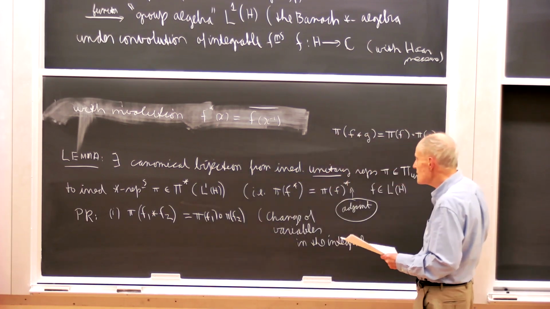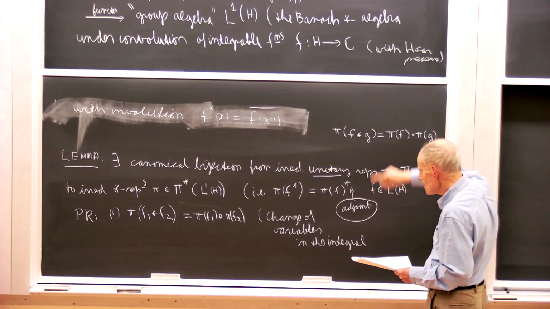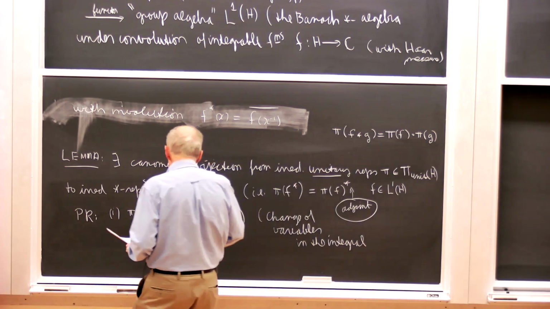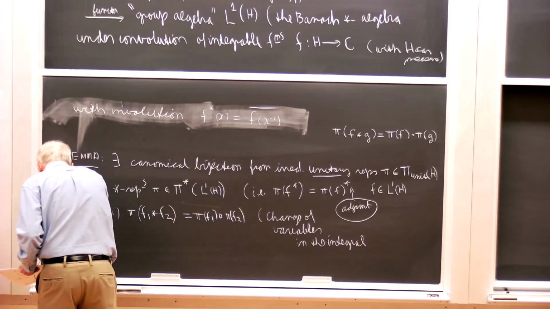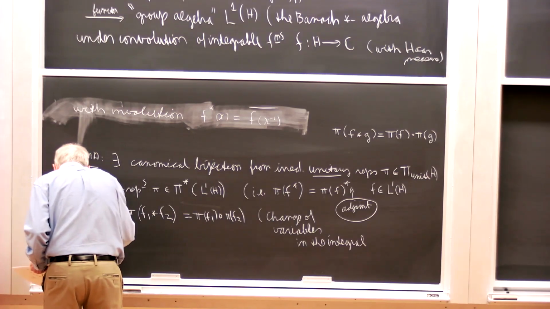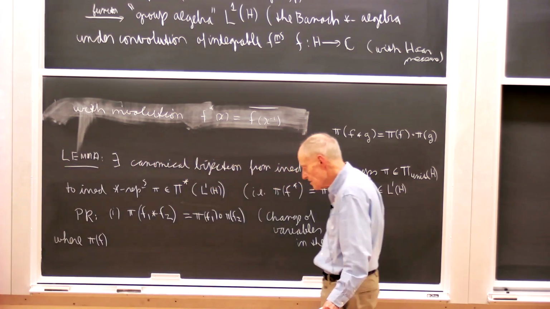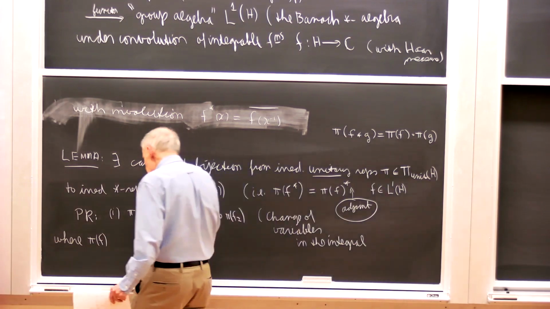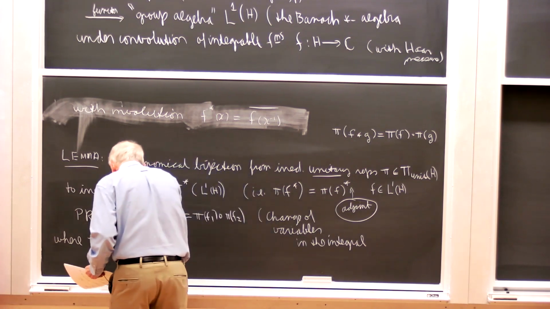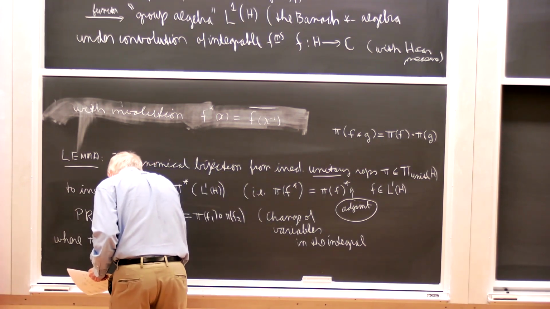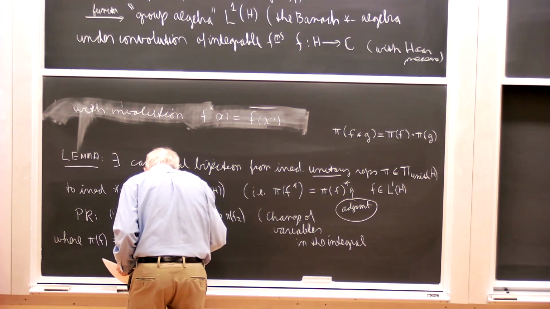Okay, so I didn't say what pi of f was. I don't think I stated that. Given a representation pi of the group, then obviously pi of f is going to be the operator on the Hilbert space of that representation, got by taking the integral over h of f of x, pi of x, dx.